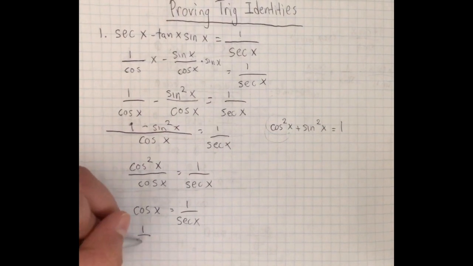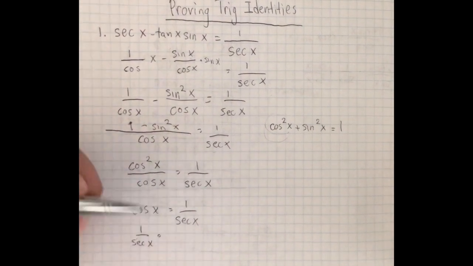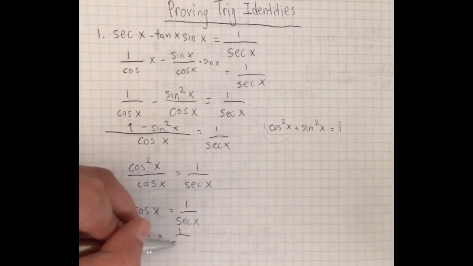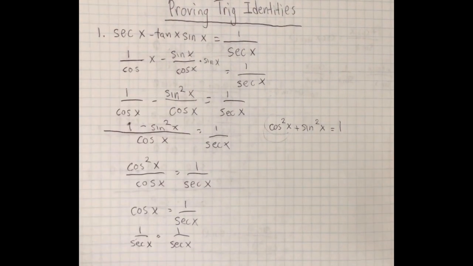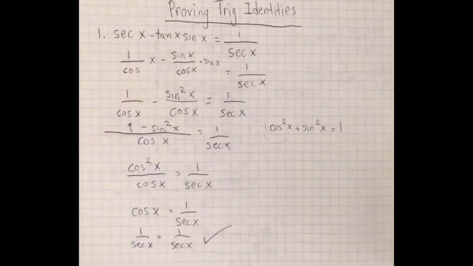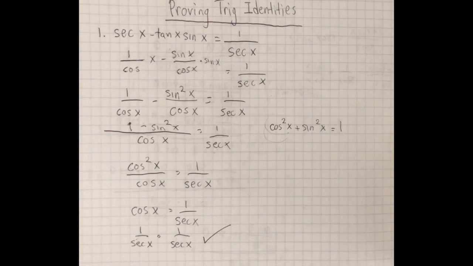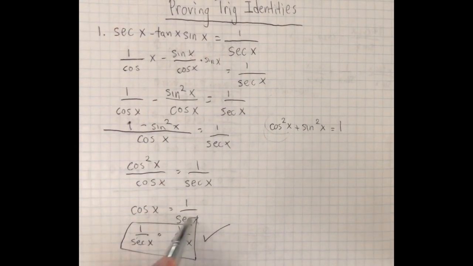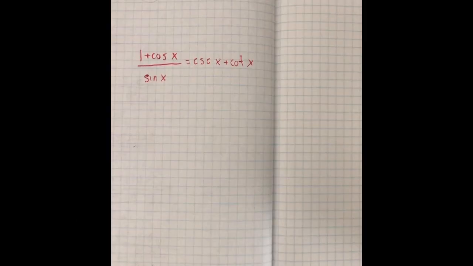So 1 divided by secant x equals 1 divided by secant x. So there we go. It's proved. So the identity is true. When you're asked to prove an identity, you would do it in this form and show that both sides are equal. Okay, so we'll try one more problem on solving trig identities, and this one's a bit different.